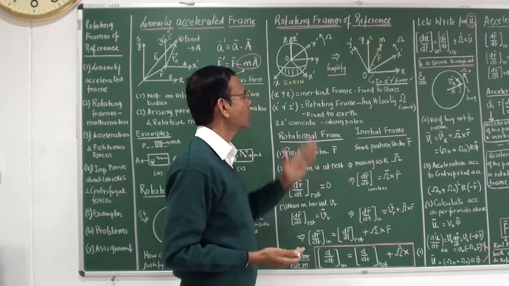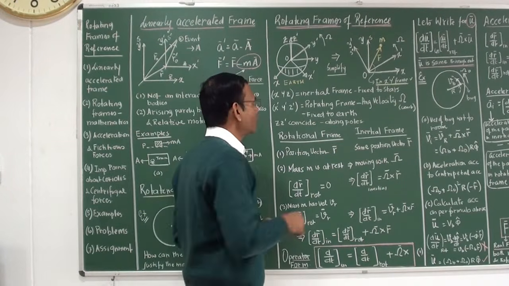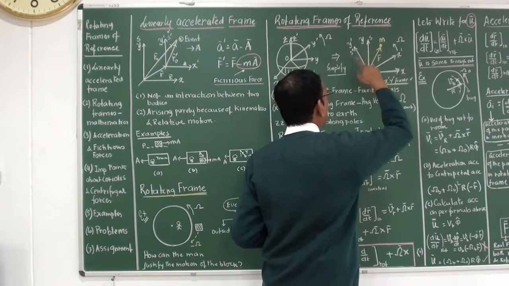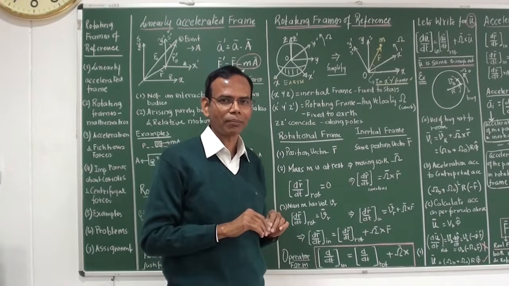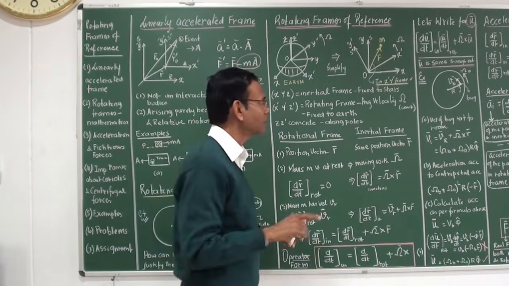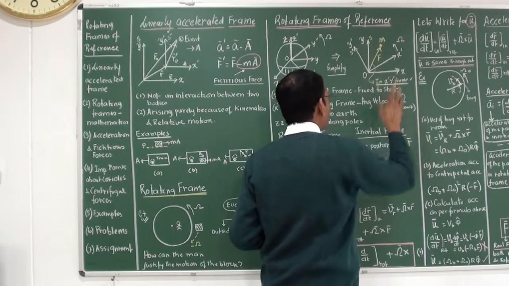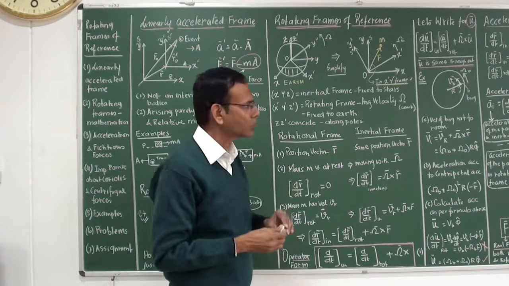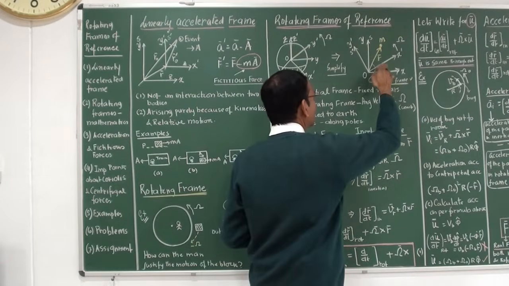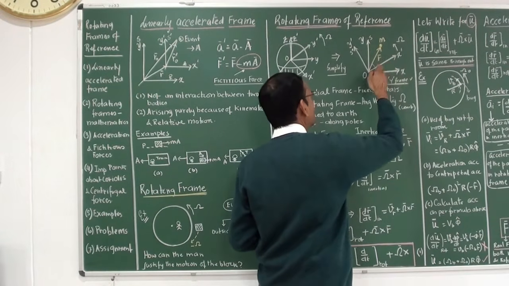If it is in any intermediate position, the components of R will keep on changing. At the same time, the unit vectors i cap prime and j cap prime are also changing. At that time I am defining the angle of R with respect to x prime, which is actually at this angle.